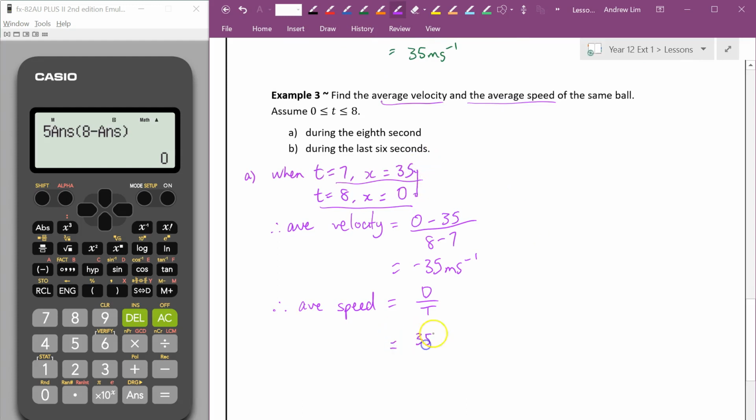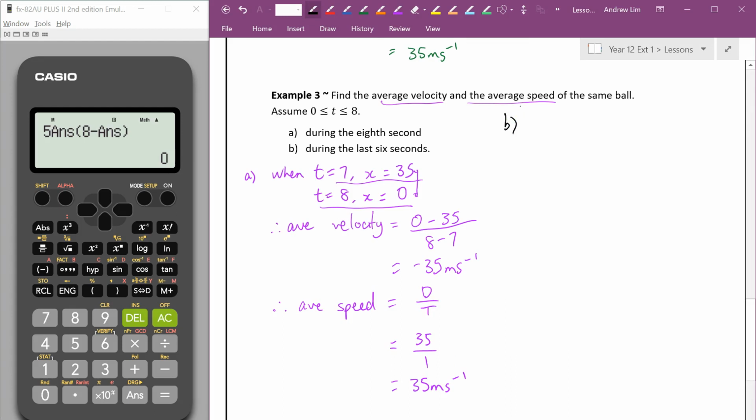So it's 35 minus 0 over 1, which is just 35 meters per second. Remember, speed has to be positive, velocity doesn't, because speed is the magnitude of velocity.